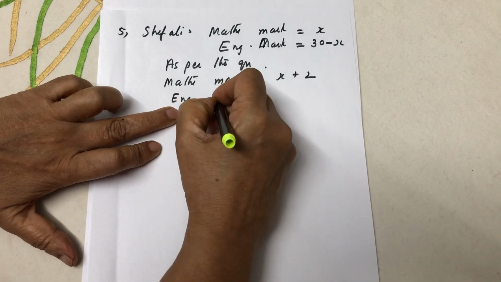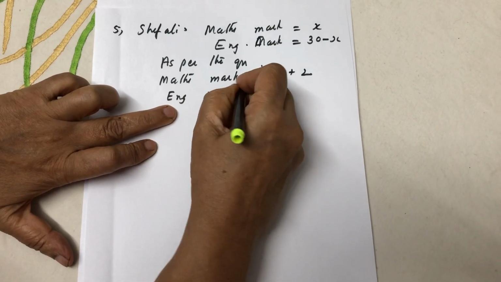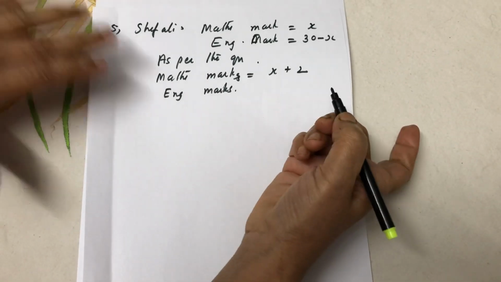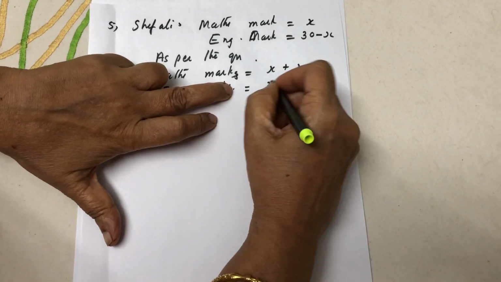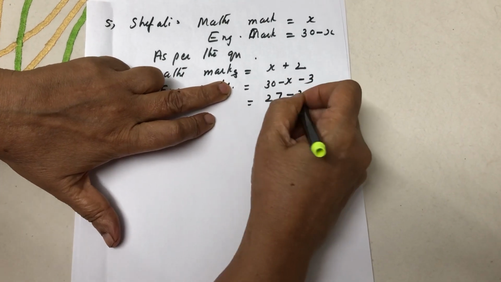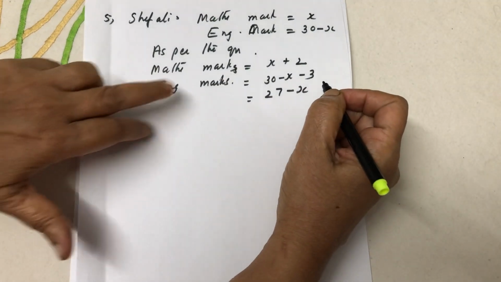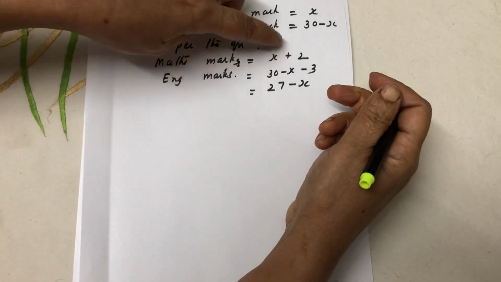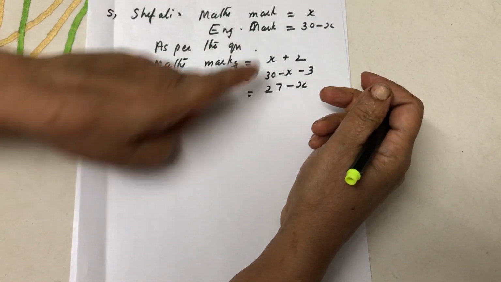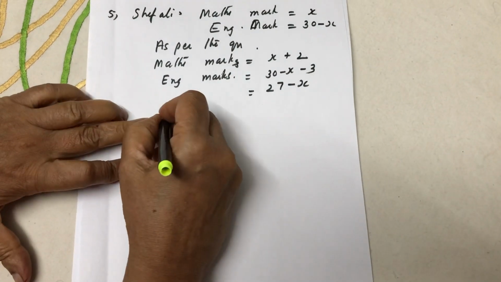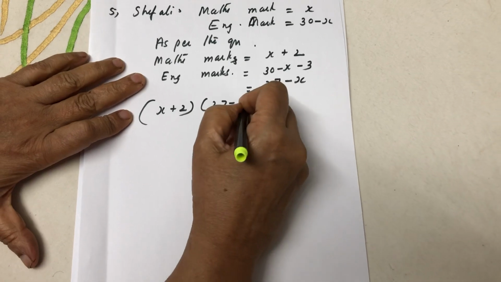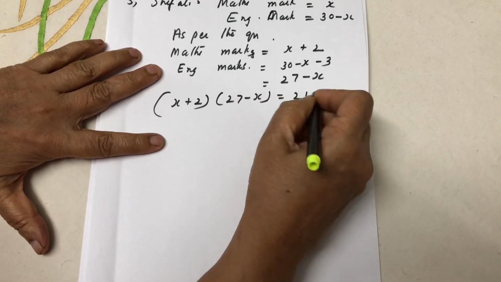English mark is 3 marks less, that is 30 minus x minus 3, that is 27 minus x. If this is the mark, the product of these 2 marks would have been 210. So x plus 2 into 27 minus x equal to 210.